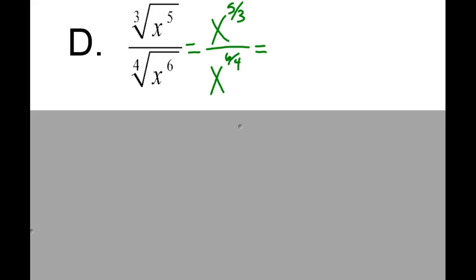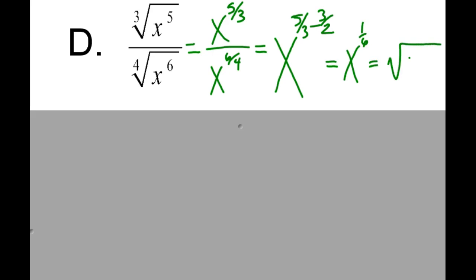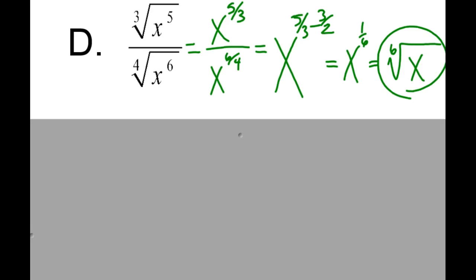And using the other property where I can subtract powers, the numerator power subtracted by the denominator power, and actually 6/4 can be rewritten as 3/2. If I subtract those, I end up with x to the 1/6, and 1/6 can be rewritten as x to the power of 1 6th root. So there's my final answer for that one.